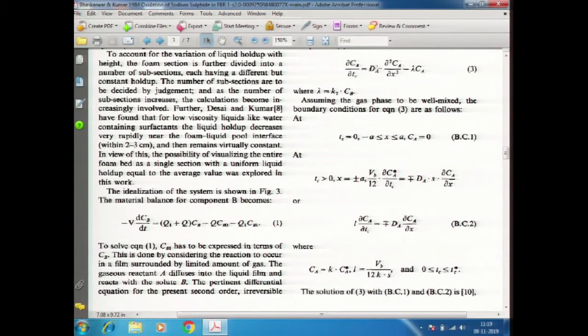So, one proposal could be that you split up the entire reactor time scale T into delta T intervals. After every delta T interval, you change the value of lambda.